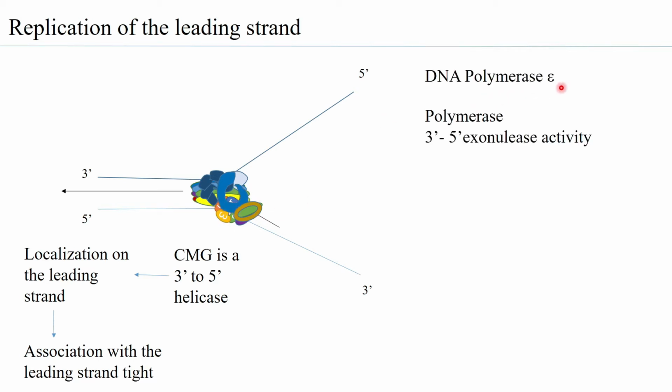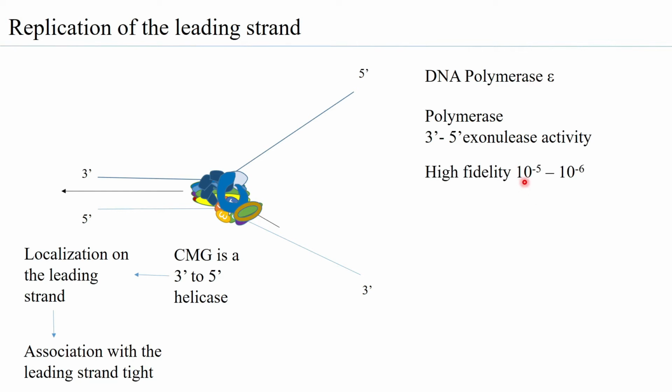DNA polymerase epsilon, of course, has the polymerase activity, so it can synthesize in the 5' to 3' direction. It has the same catalytic action as all polymerases: through a nucleophilic attack using the 3' OH, it is able to add a nucleotide. 3' 5' exonuclease activity is present in the DNA polymerase epsilon, and hence it is able to carry out proofreading, making it a highly fidelity enzyme.